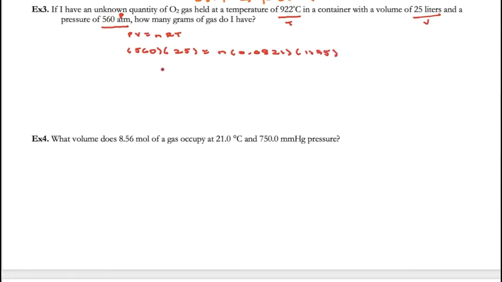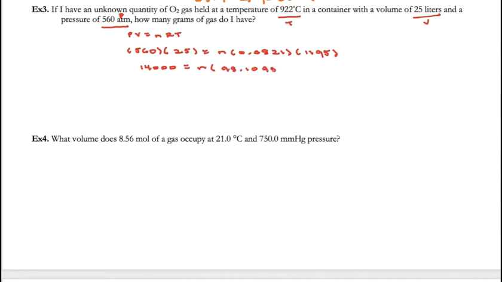Okay? So to solve this, I'm going to take 560 and multiply by 25. And what I get is 14,000 equals n times 0.0821 times 1,195, and I get 98.1095.